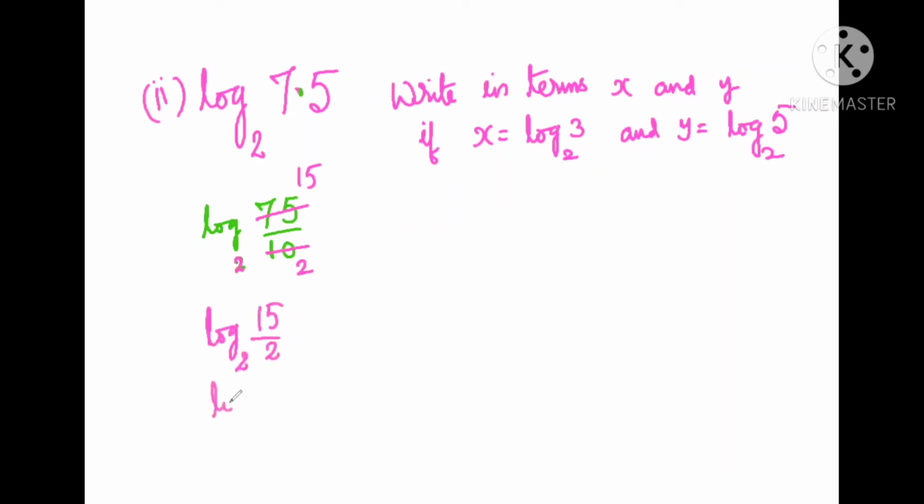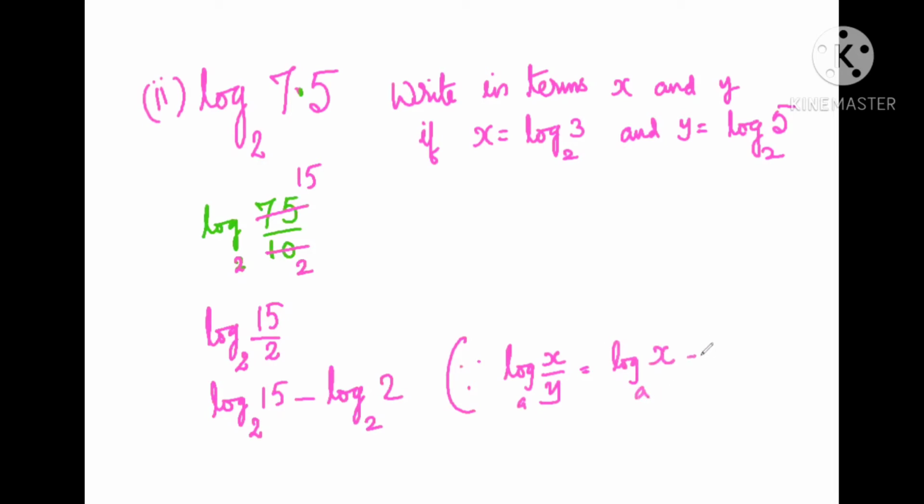Here logarithm of 15 by 2 can be written as logarithm of 15 base 2 minus logarithm of 2 base 2. Which formula? This is the quotient rule: logarithm of x by y base a can be written as logarithm of x base a minus logarithm of y base a.